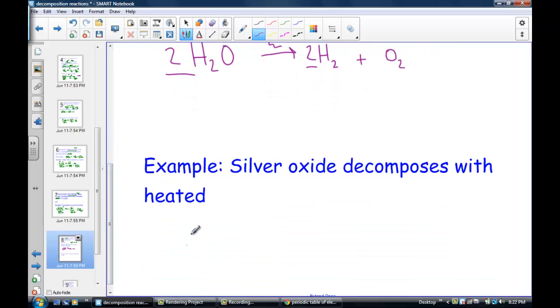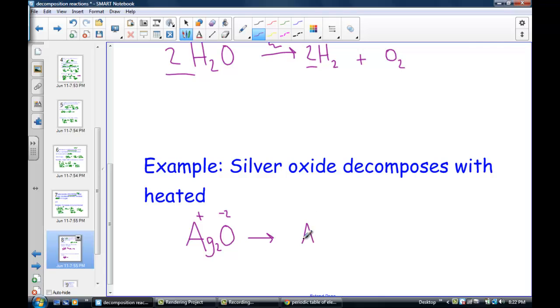If silver oxide, I write my compound based on charge, Ag2O. This is a binary compound. Binary simply means it's built of two elements, Ag2O.